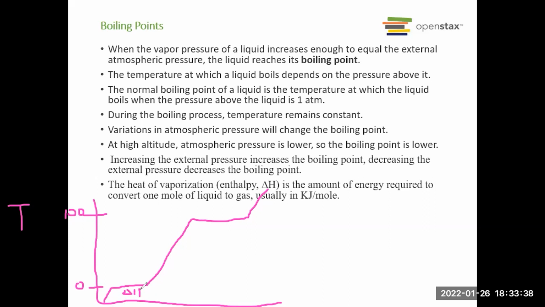So do you guys remember heat capacity, right? Your specific heat capacity, right? So this is the specific heat capacity. This is the heat capacity for ice, so m c ice delta T. It's been a while.